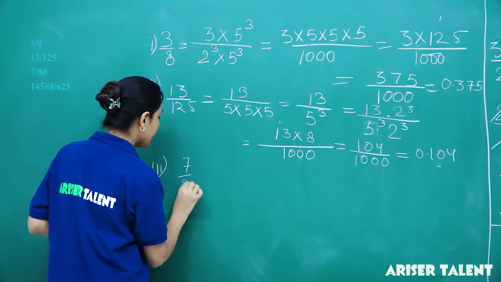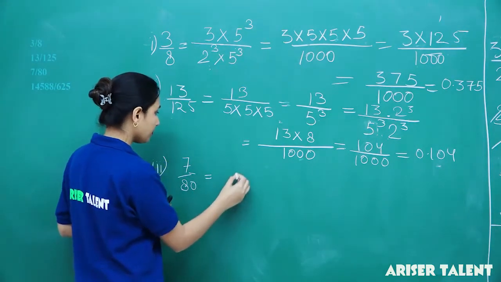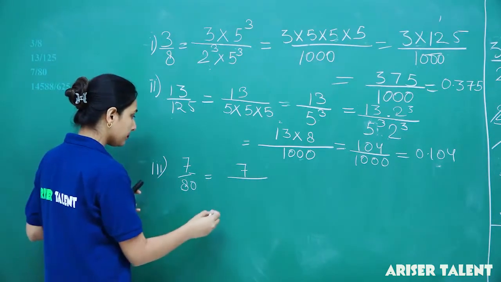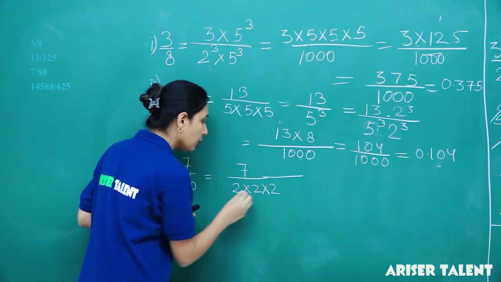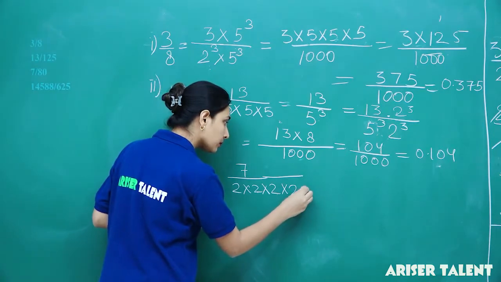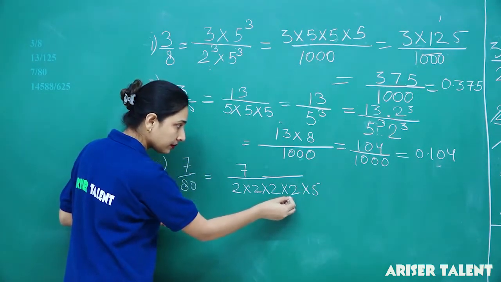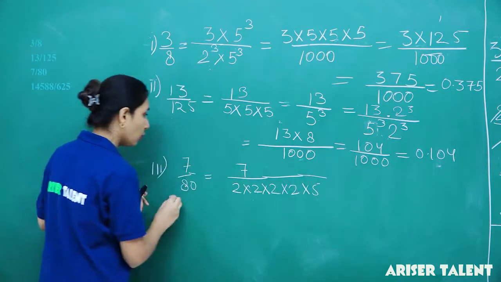7 by 80. Now how can I rewrite it? 7's prime factorization is 7. Now 80: 2 multiplied by 2 multiplied by 2 is 8, multiplied by 2, multiplied by 5. Let's check: 8 multiplied by 10 is 80.